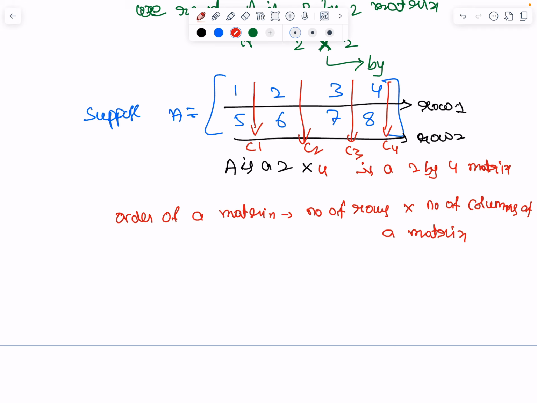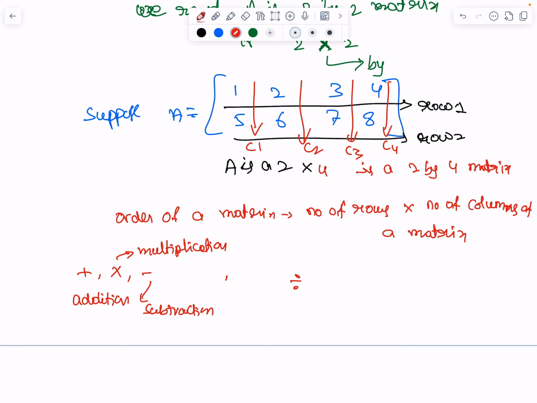Now, moving on to some properties. We have operations: addition, subtraction, and multiplication.